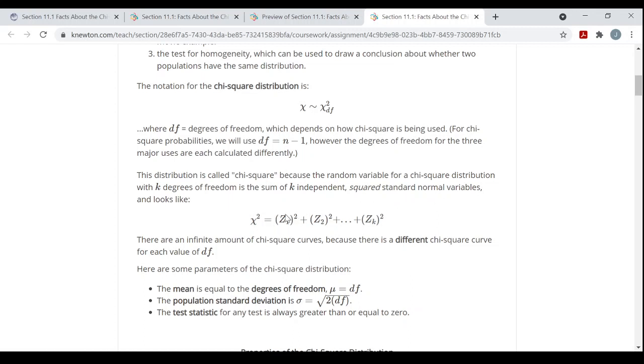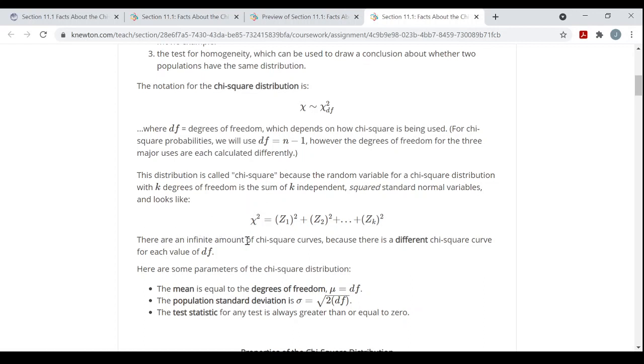Well, imagine taking k independent variables with standard normal distributions, squaring all their outputs and then adding those up. That gives us the chi-square distribution with k degrees of freedom.